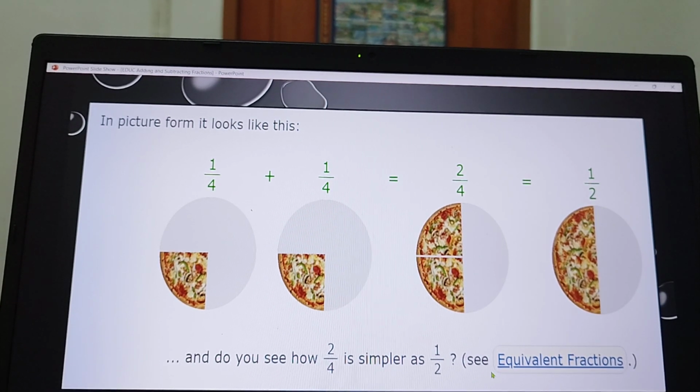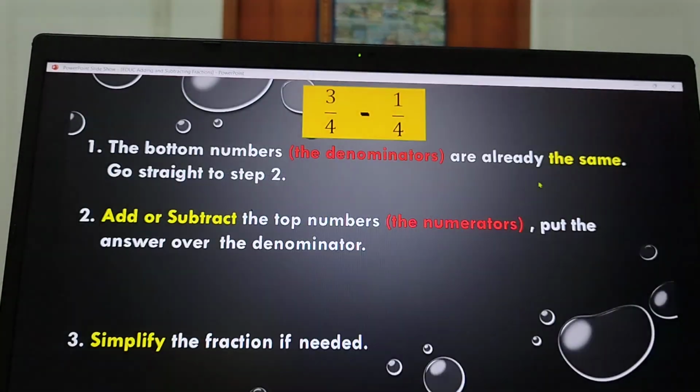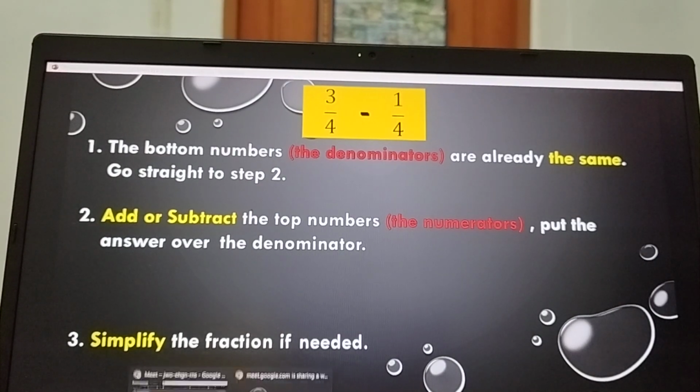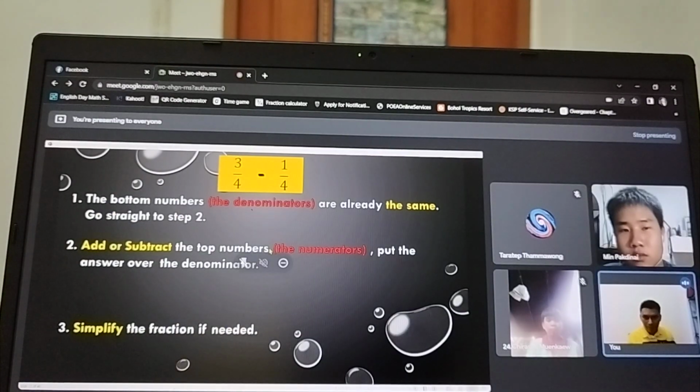That is also called equivalent fraction. Two different fractions but equivalent, or the same in value. 1/4 plus 1/4 equals 2/4 or 1/2.